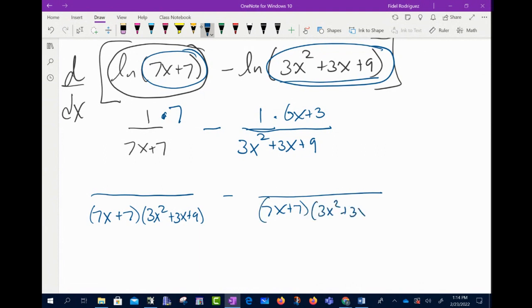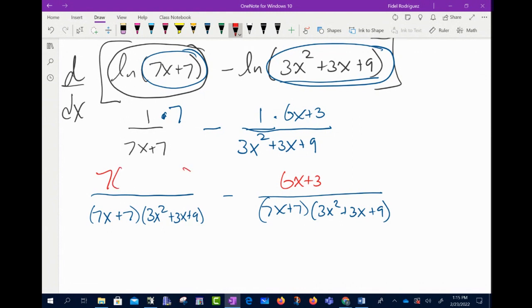Okay. So remember what we already had on the top in the first part. Didn't we already have a 7 here? And over here, didn't we already have a 6x plus 3 on the second part? Okay. Question to you guys.